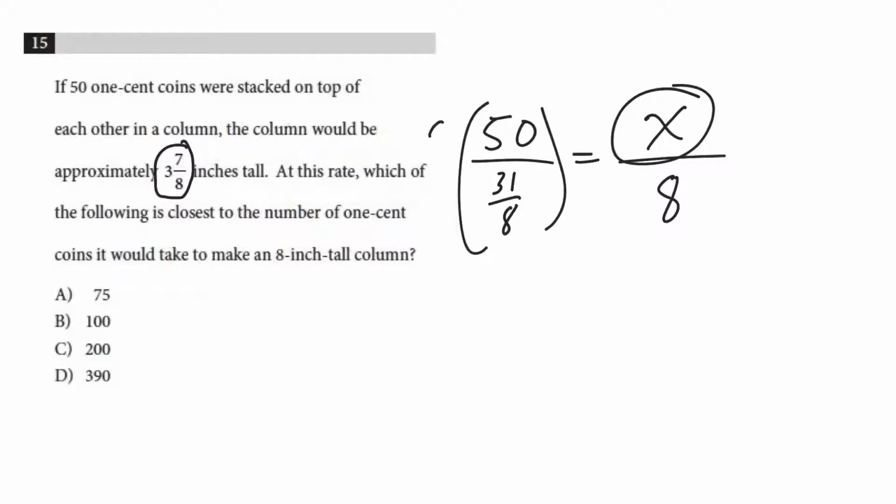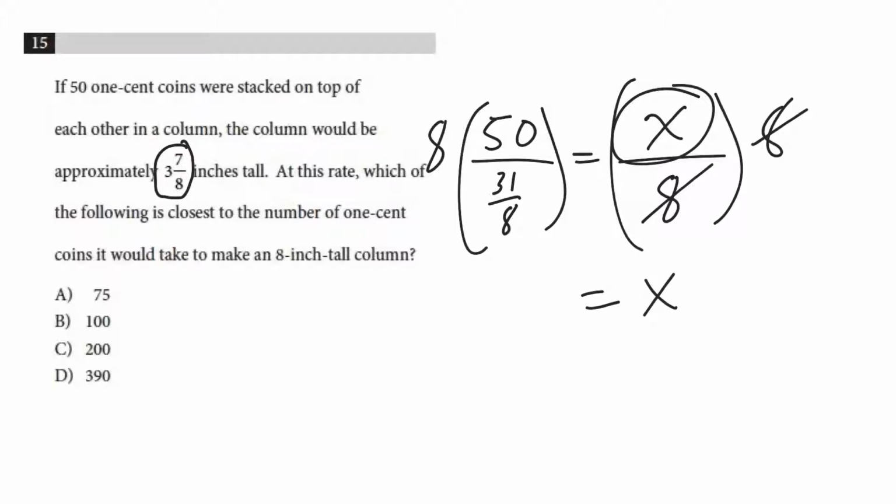Okay, so it's going to be times 8 times 8. Those are going to cancel out. And on the left, I'm going to have 8 on 1 times 50 over 1. And instead of dividing by 31/8, I'm going to multiply by its reciprocal, 8/31.